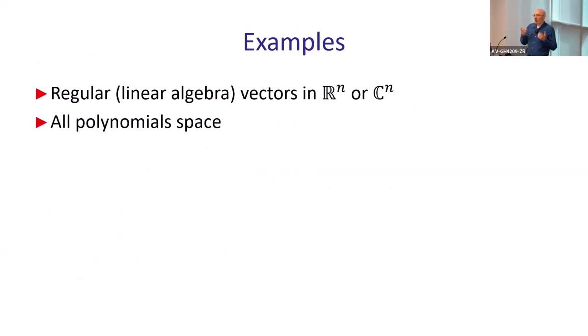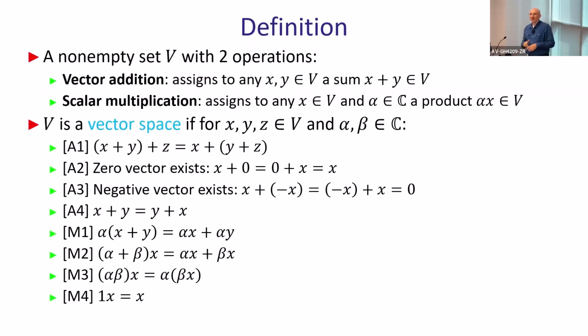But how about polynomial space? All of the polynomials, look at these properties here. If you're taking one polynomial plus another polynomial plus a third polynomial, you can add them in any order you want, right? It doesn't matter. You can put parentheses, combining the first two polynomials or the second and third or the first and third. It doesn't matter.